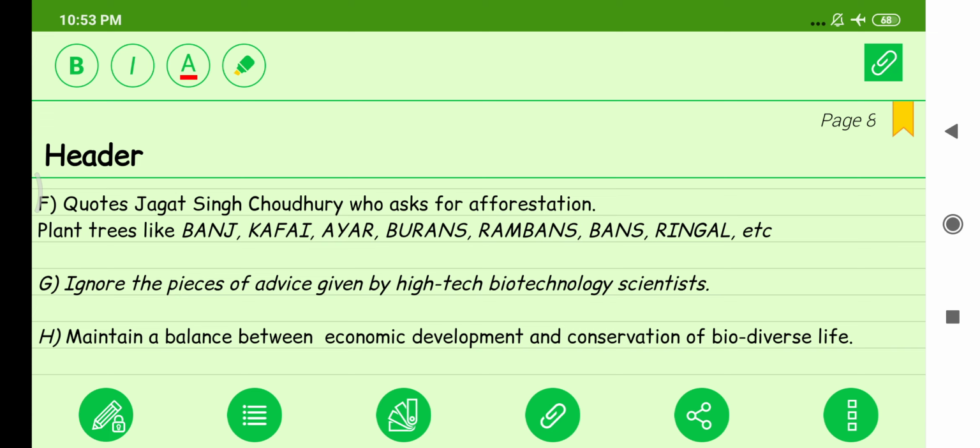Next point is discussed: ignore the pieces of advice given by high-tech biotechnology scientists. So biotechnology scientists sometimes guide farmers. They come to villages to talk to these farmers and tell them that they have to use modern techniques, modern methods of cultivation and farming. And here we don't have to take them seriously, because these people are after big size and good looks. They are not after natural variation, they are not after the natural taste of things.